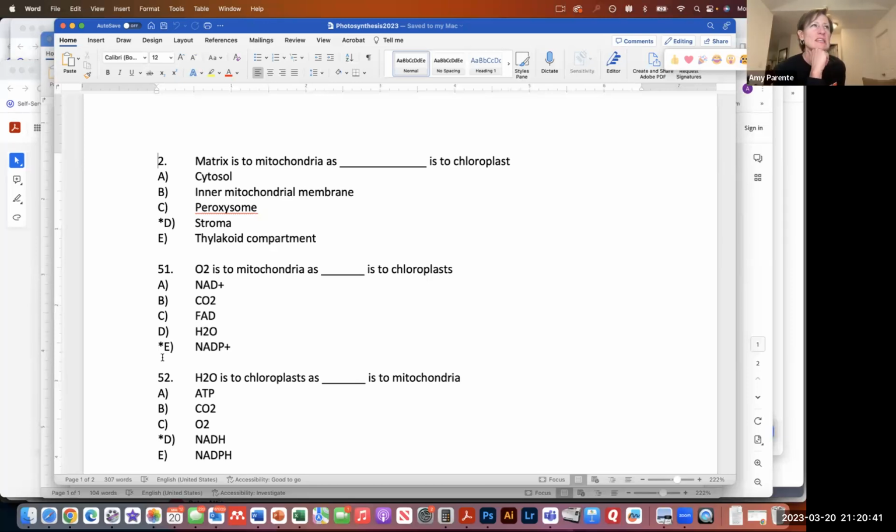So you were thinking what is a reactant, something on the left side of an equation. That's not unfair, but several things could fit there. So we have to drill a little deeper and say, specifically, what is oxygen in mitochondria? It's the final electron acceptor.